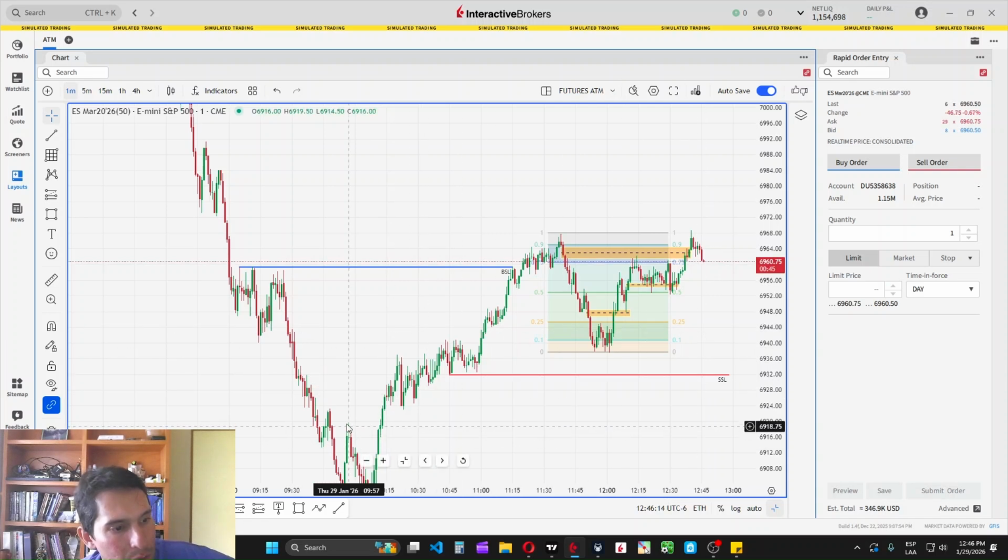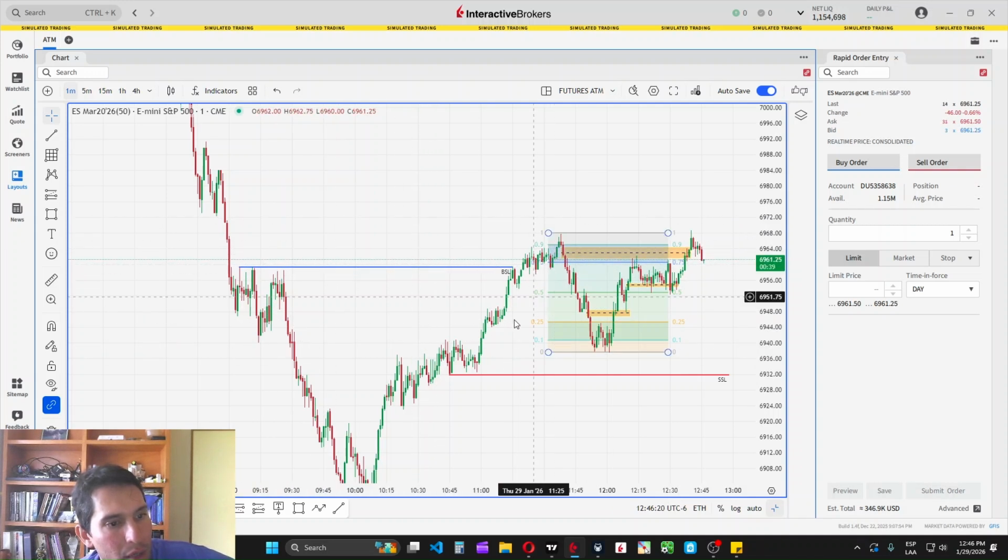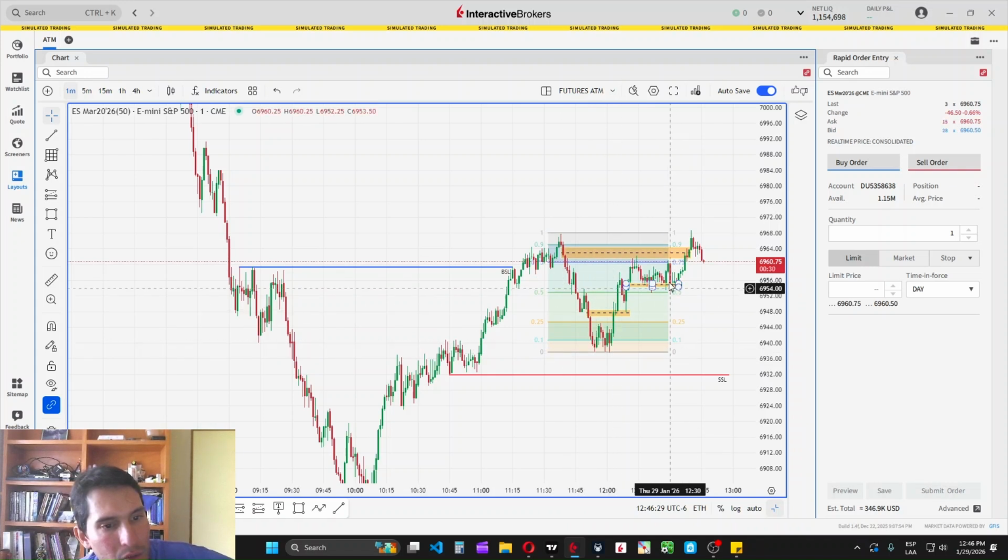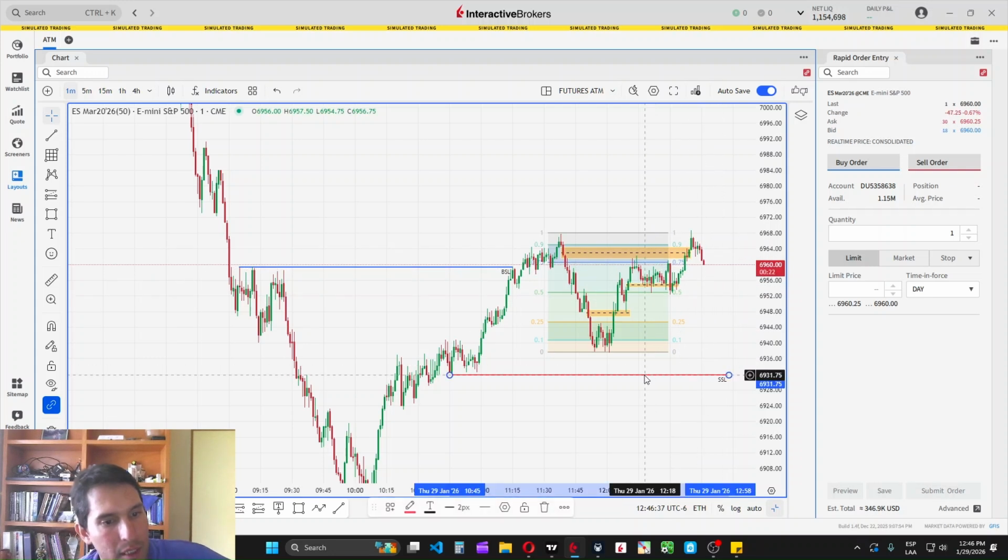You can see that we have been taking buy side liquidity here, right? And now we are missing taking sell side liquidity at important levels, like this one right here or this one right here. So if I can get a short trade here, these levels will be my targets.